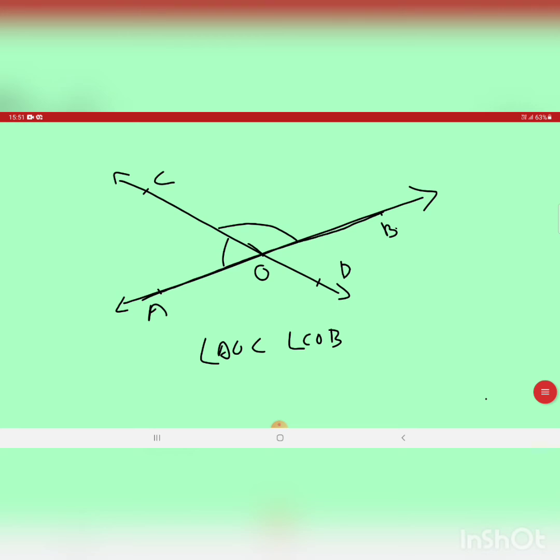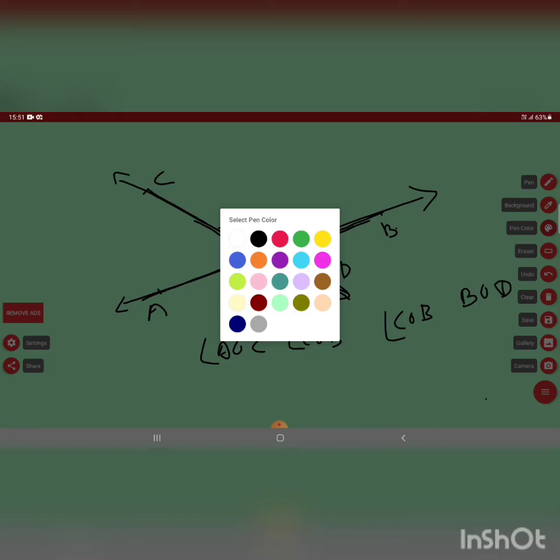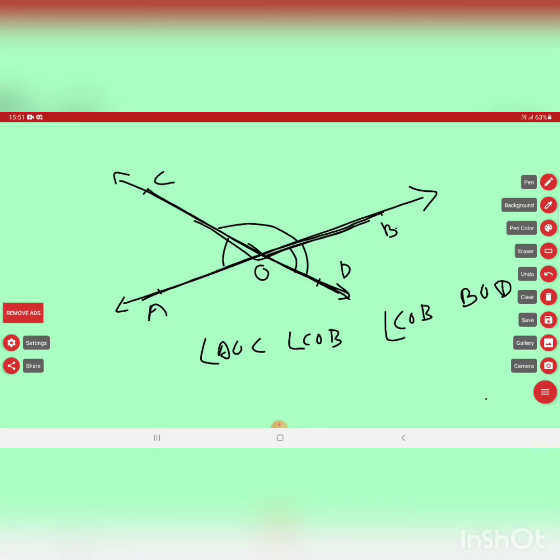Same way, see, CD is a line. Then angle COB and angle BOD, see this angle, this is BOD, and COB, they form a linear pair.